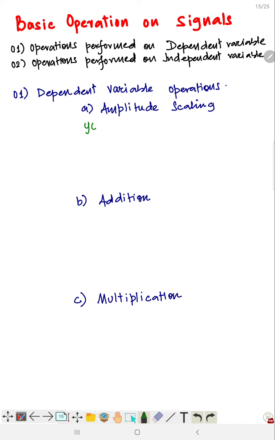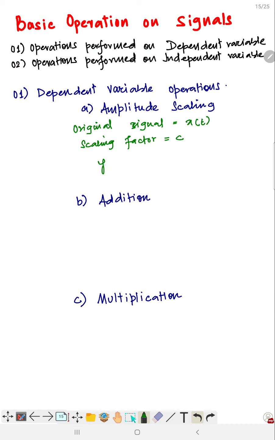let's do one thing. I have the original signal in the continuous time domain as x of t. Then I have some scaling factor, that is a constant. Let's call that c.